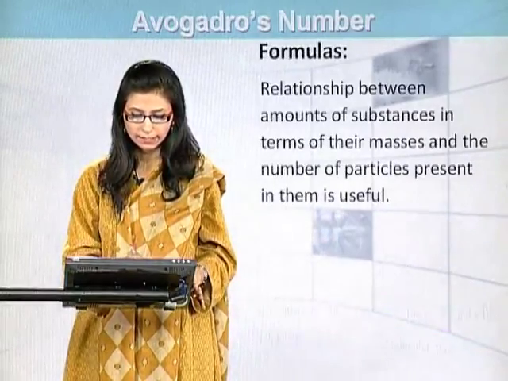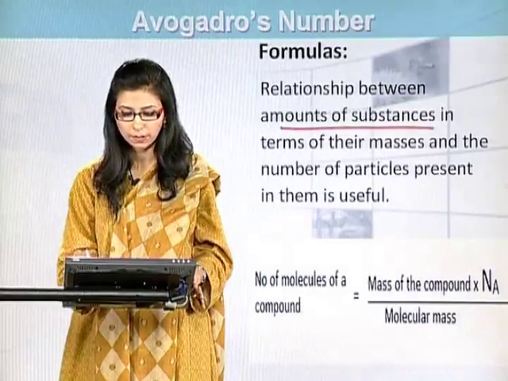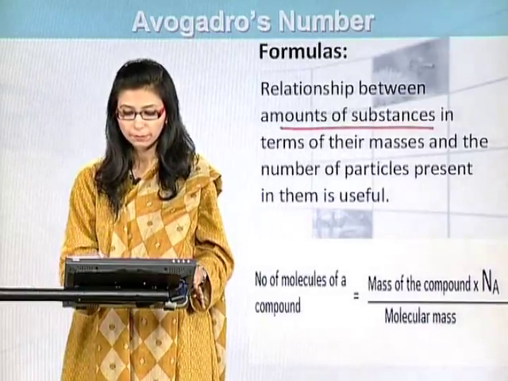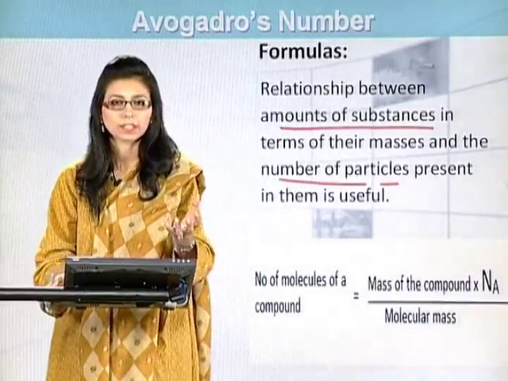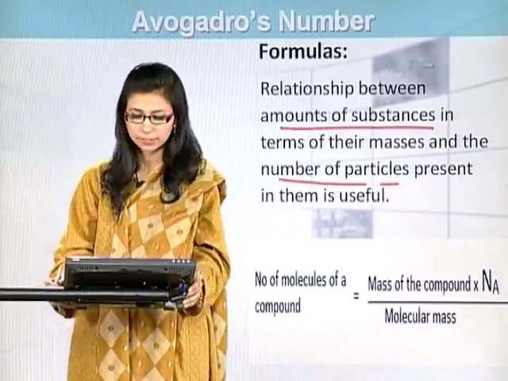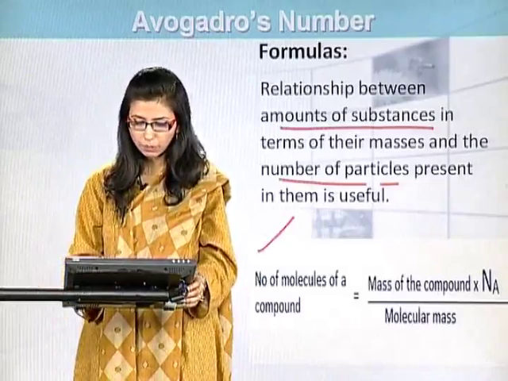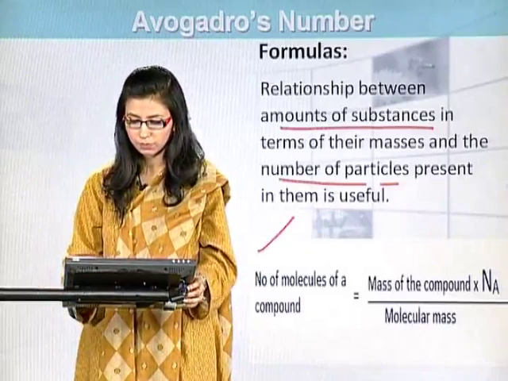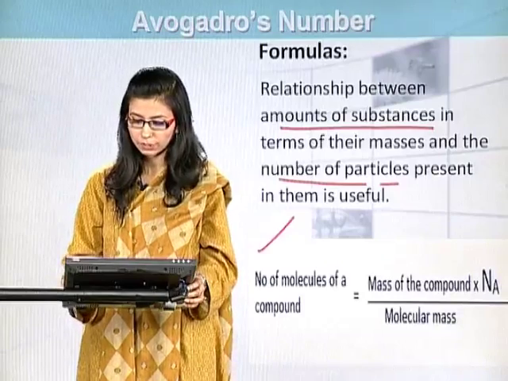Let's look at certain formulas by which we can define the relationship between the amount of substance in terms of their masses with the number of particles. Like I said, for a mole, which is the unit of substance, we want to determine the number of particles. So here we have a formula: number of molecules of a compound is equal to mass of the compound times N_A, Avogadro's number, divided by its molecular mass.